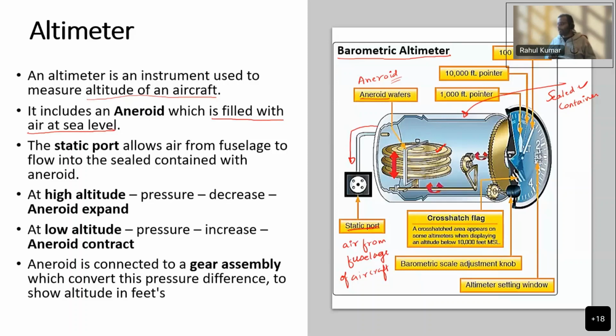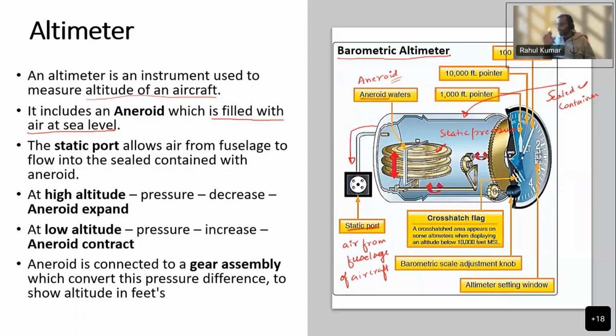So it will provide a static pressure around this aneroid. So inside the container you will have static pressure, right?